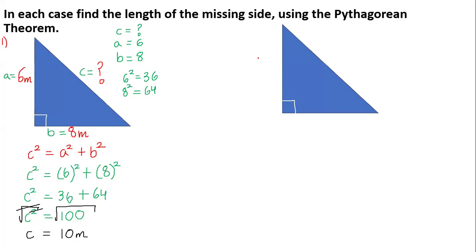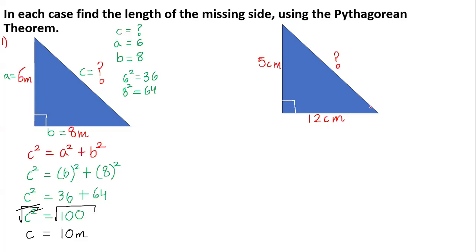So let's say we have 5 centimeters. Let's say we have 12 centimeters. I want to know what's going to be the length of this missing side.